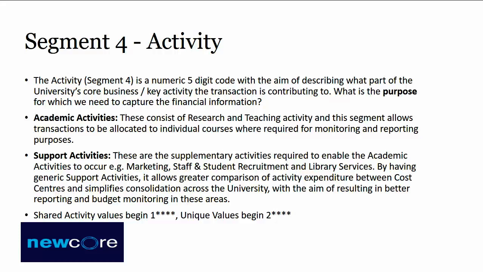You have 2 general headings here, the academic activities and support activities. Underneath the academic, you have research and teaching activities, and then there are child values underneath. And then support activities, we could have marketing here, we could have library services, we could have any number of other support activities.